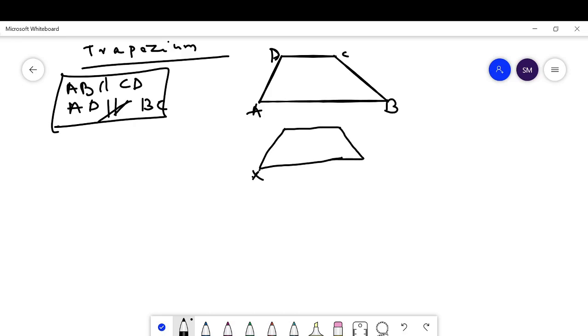Suppose PQRS is a trapezium in which PQ is parallel to SR. Then the non-parallel sides are PS and RQ.